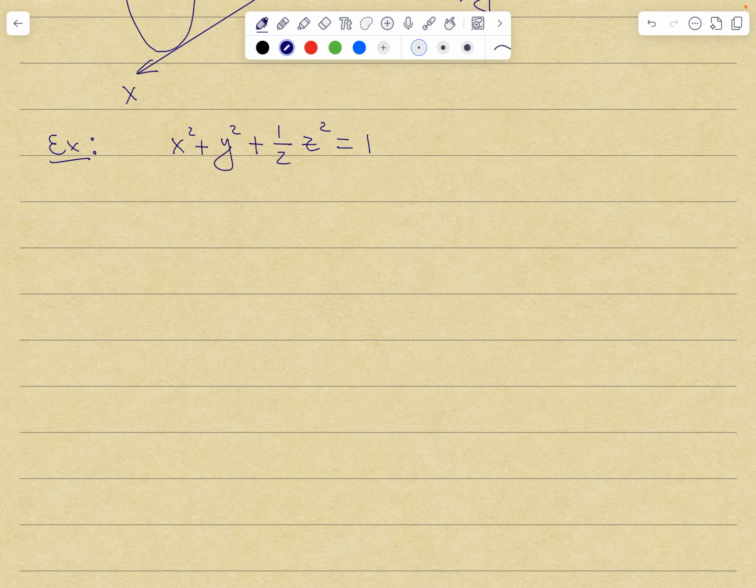And my question is, what sort of surface would this be? If you didn't have 1/2 in front of z squared, then it would be easy because it would be just a sphere.